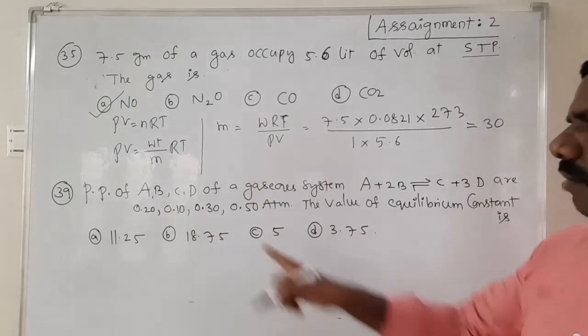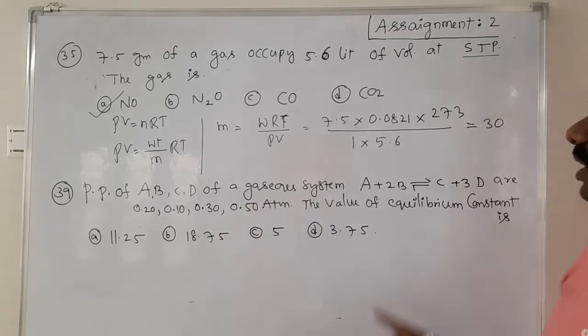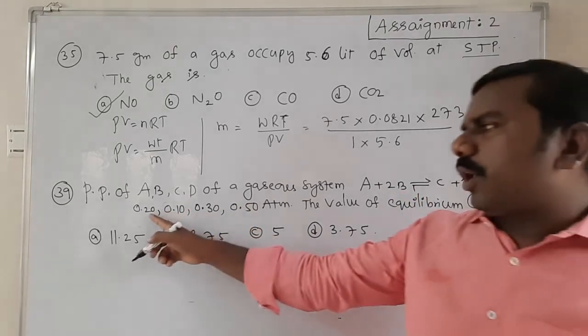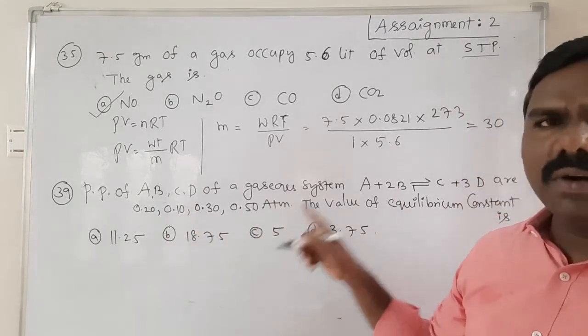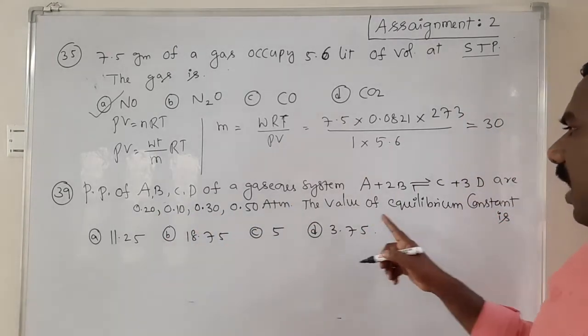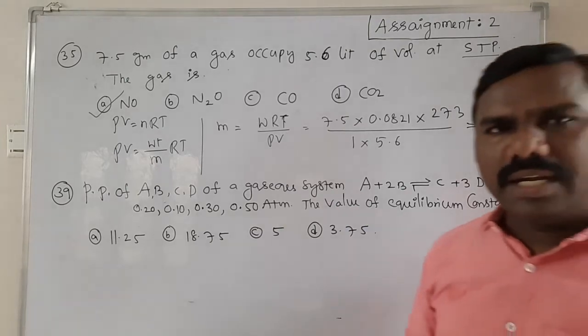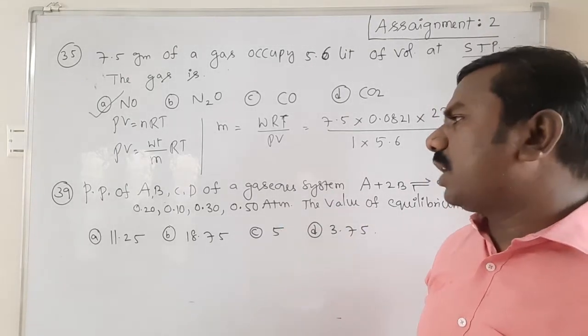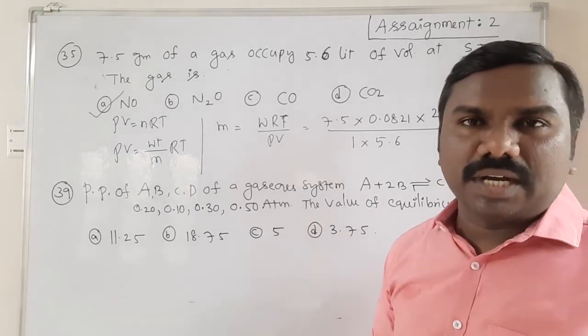39. Partial pressures of A, B, C, D in a gaseous system are 0.20, 0.10, 0.30 and 0.50. What is the value of the equilibrium constant?